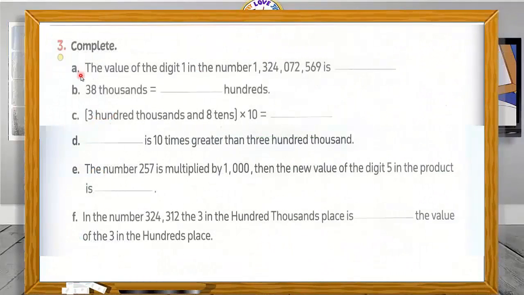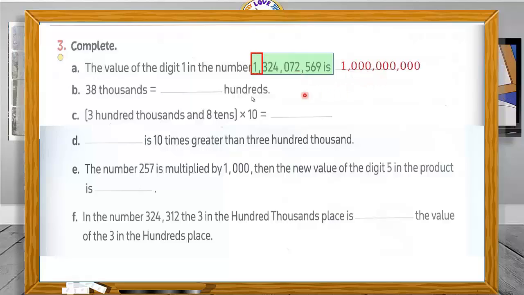Here, number 3, complete. The value of digit 1 in the number 1,324,072,569 is what? He asks you about 1 milliard. When we read this number, we say 1 milliard.